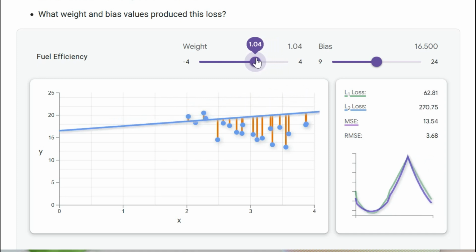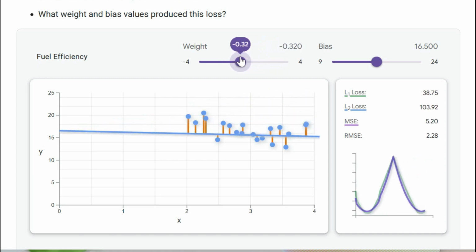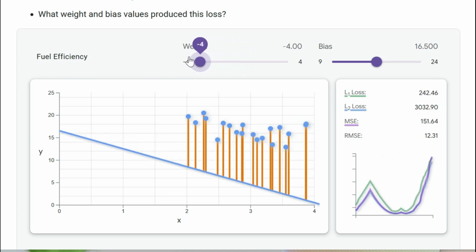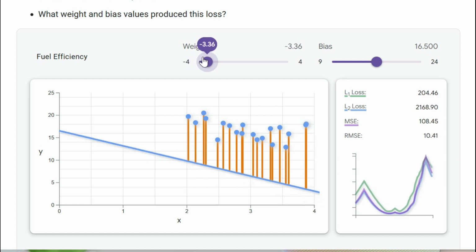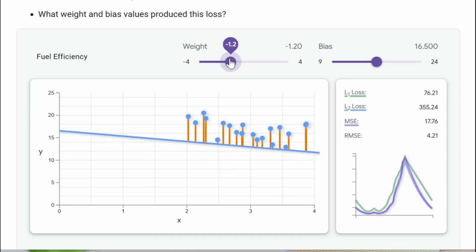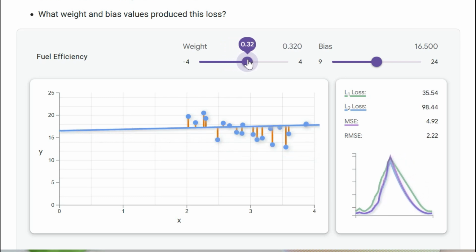If I'm decreasing my slope in the proper way, you can see that my losses are actually decreasing. Now as I again move it towards the backside, the losses increase again. Now the distance between these lines and the points should be minimum. Therefore, you can see that the loss is now minimum.